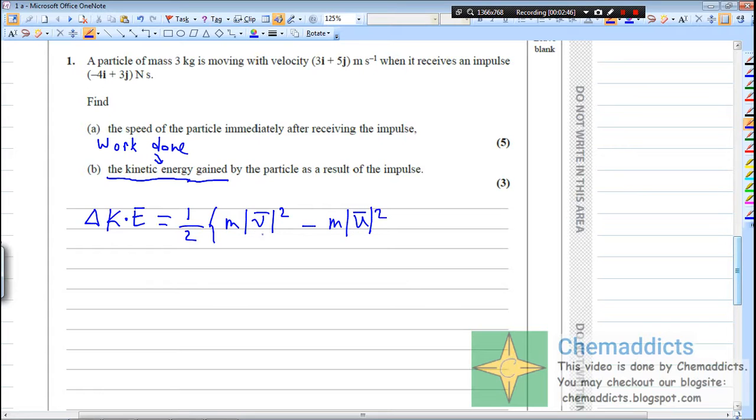Since v and u are vector quantities, we are taking the scalar quantity in the kinetic energy equation.